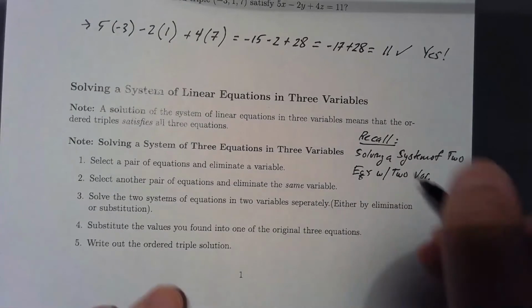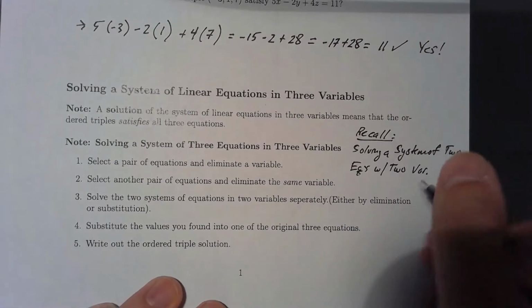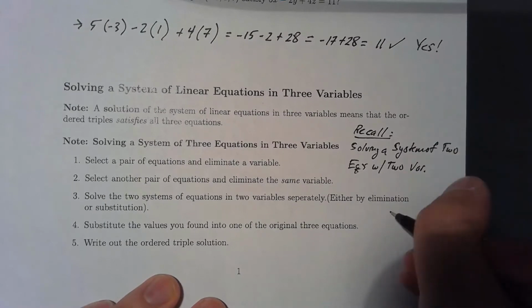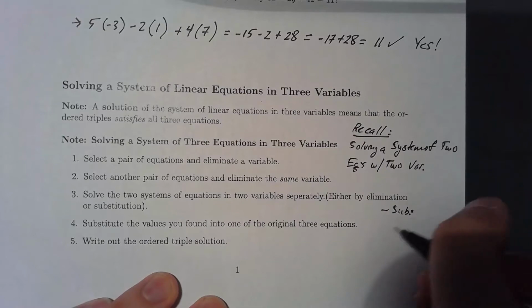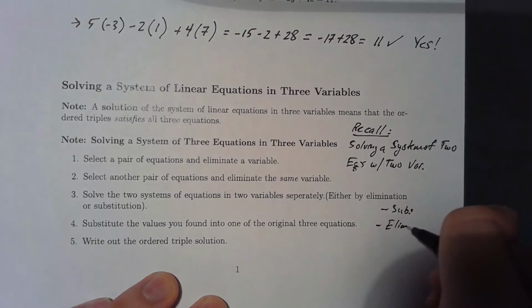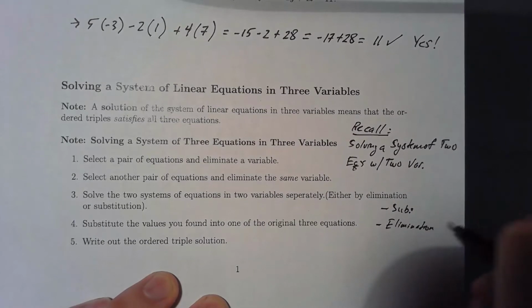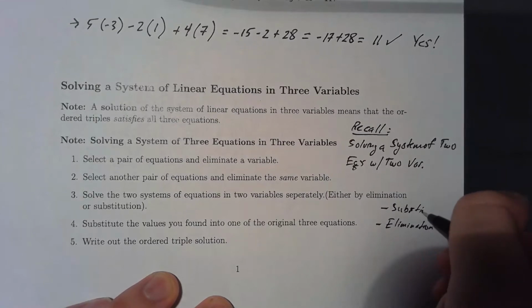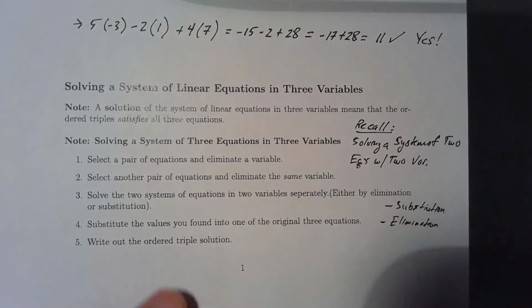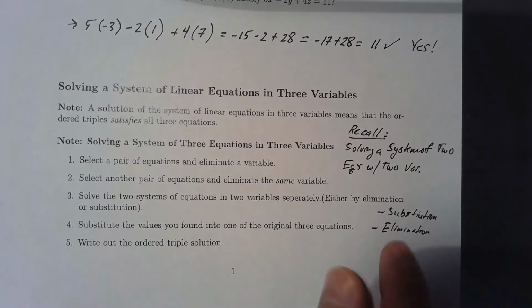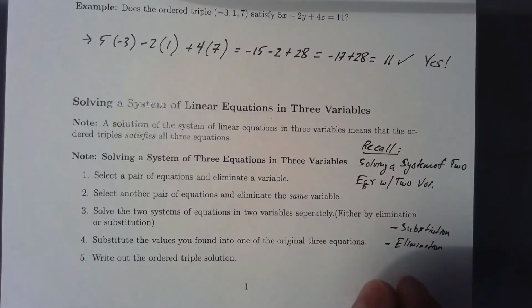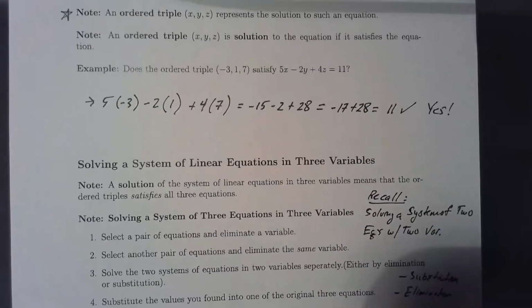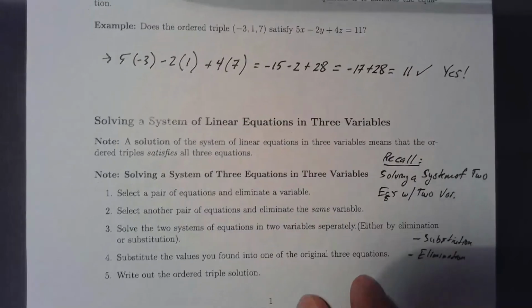We did that in Chapter 3. Well, there are two methods. I'll jot them down here: substitution and elimination. Those are the two methods we have for solving a system of two equations with two variables. And technically they both work in the three variable case as well.